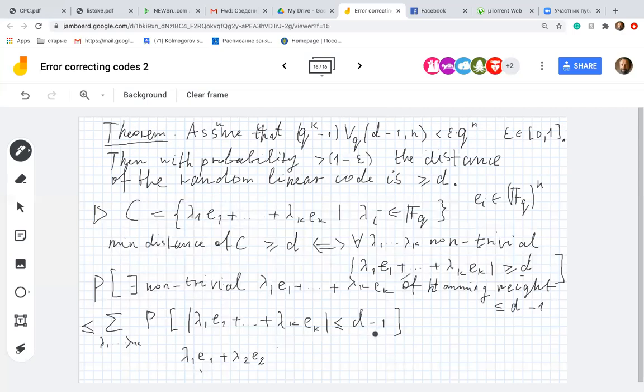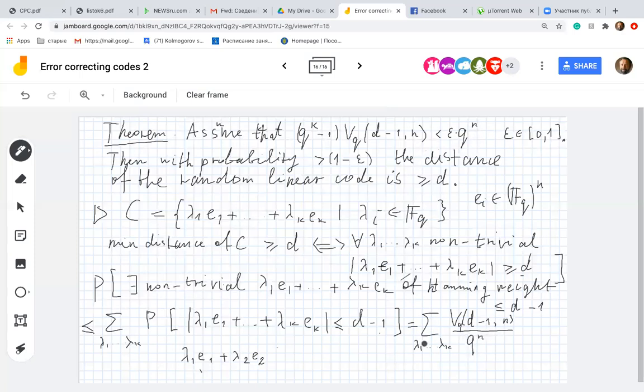So we just need to calculate the volume of this ball and divide by q to the n. So we obtain here the sum over all lambdas, non-trivial, of the volume of our ball of radius d minus 1 over q to the n.